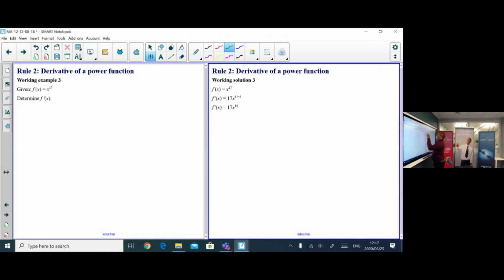You simply use the same formula, f of x prime equals n x to the n minus 1. So you pull down your n, which is the exponent, 17 in this case, and then you subtract 1 from the original n. So your final answer would thus be 17x to the exponent 16. That's beautiful.